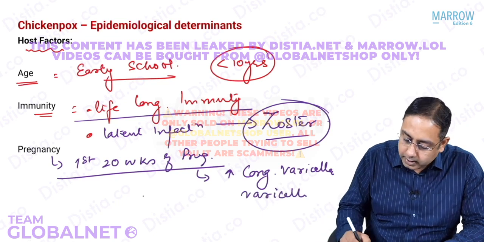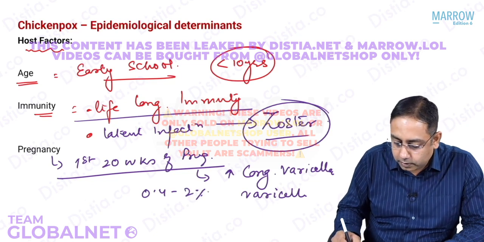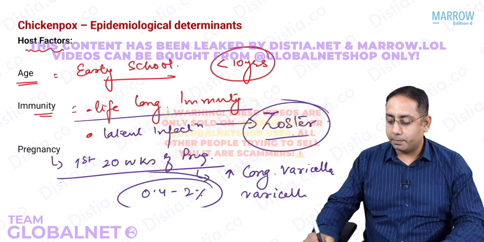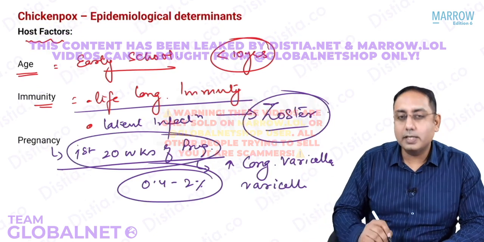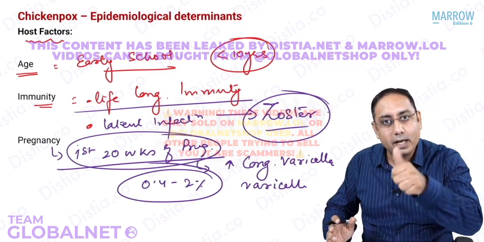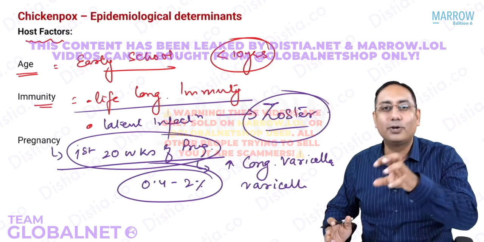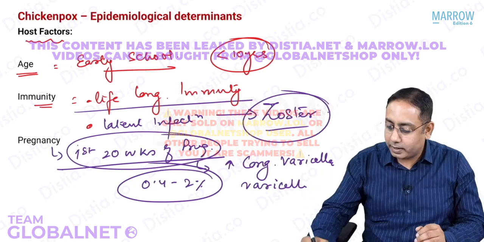How high? It is 0.4 up to 2%. Up to 2% of children may unfortunately develop congenital varicella syndrome. Just remember, in the early parts of pregnancy, it is rubella infection which is dangerous, and also chickenpox infection.